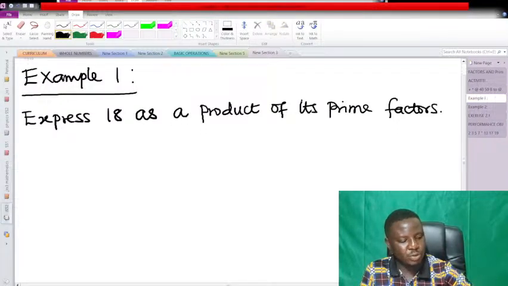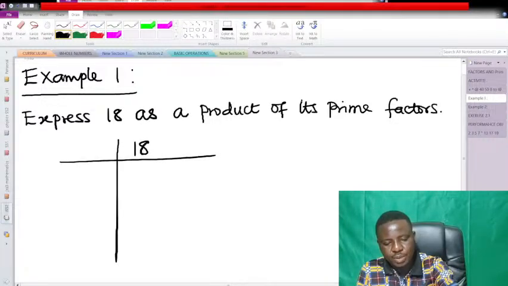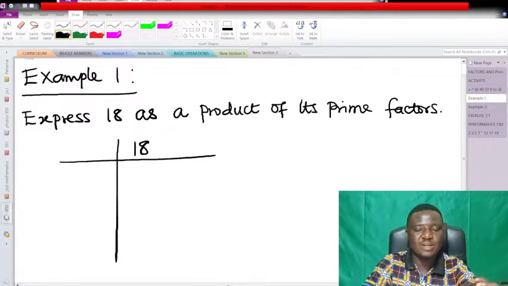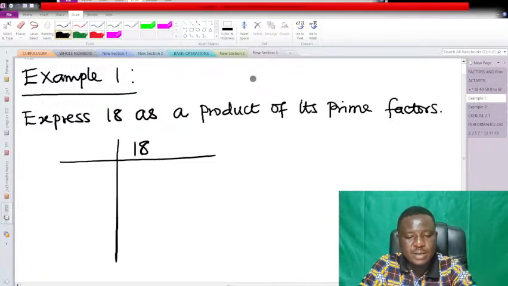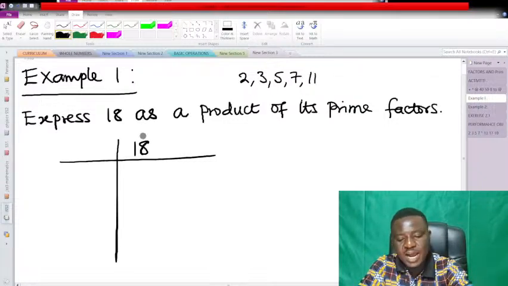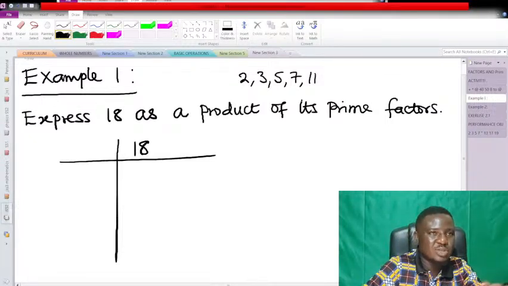In this method, we are going to divide 18 repeatedly by any of these prime numbers that we know. For example, the first one is 2, so we are going to be using 2, 3, 5, 7, 11 to divide 18 repeatedly until we get to 0.